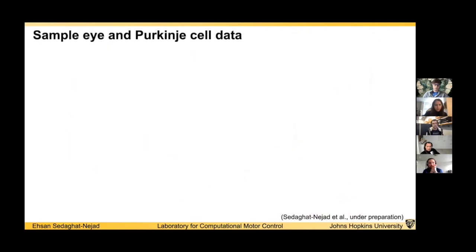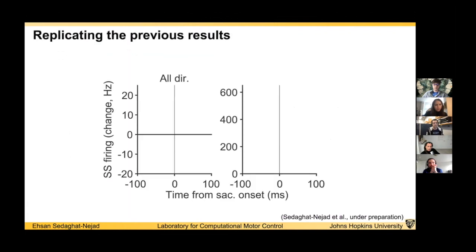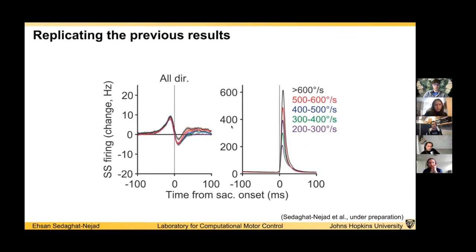Yeah, so basically without this model, we cannot explain any variability in the data, because it looks like these complex spikes are doing the same thing no matter what the type of saccade is or what the amplitude is. It depends on what you define as variability.